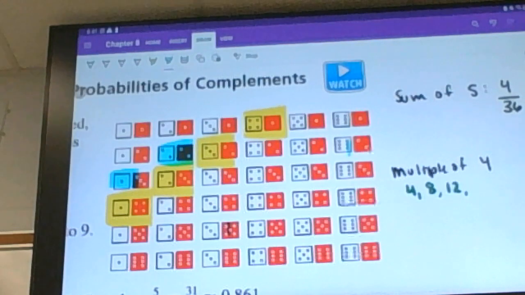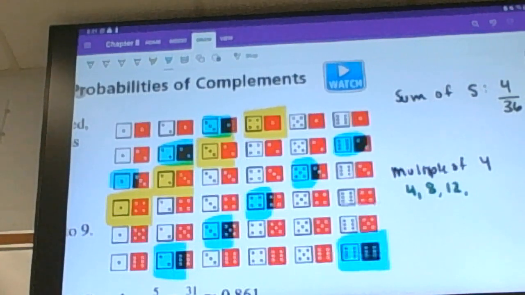Here's 4. Here's 8. And then where do I get 12? I get 12. So how many times do you add them up and you get 4, 8, or 12? 9 out of 36 times.